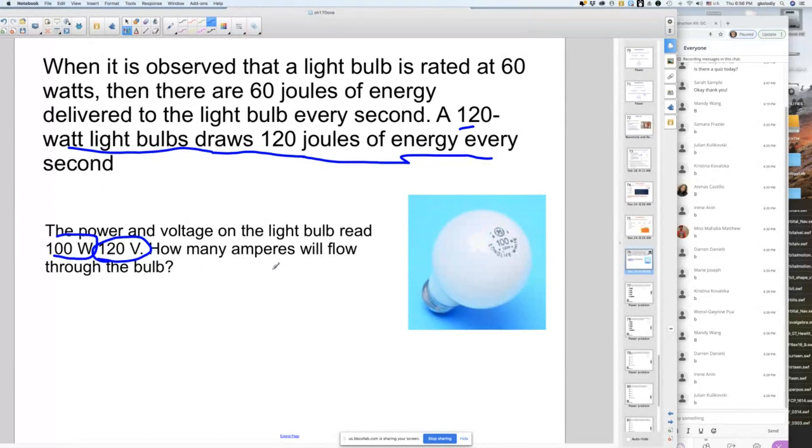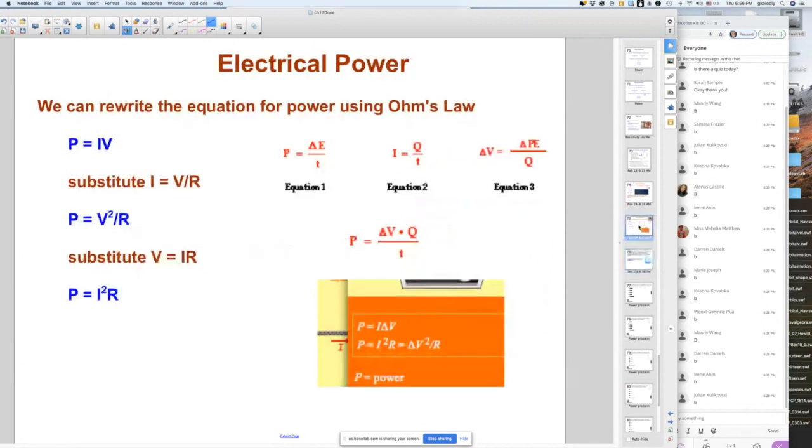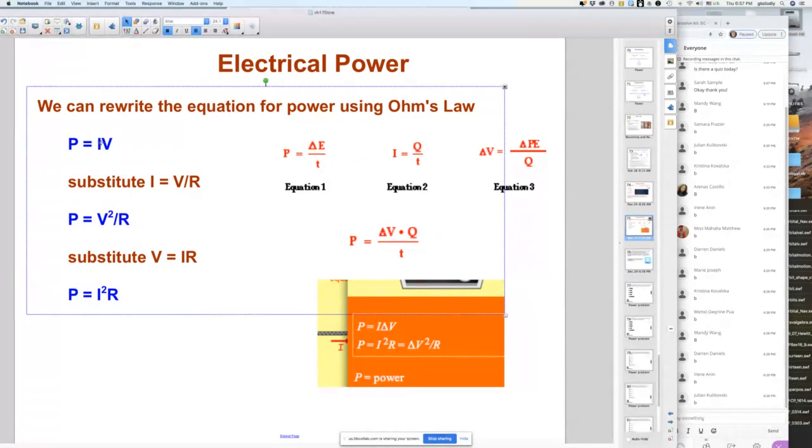How many amperes will flow through this bulb? Well, this is one of the equations that we had over here, and obviously, which one do you use? You want the one that has I and V in it, because this is what you're given here. It means this one here.